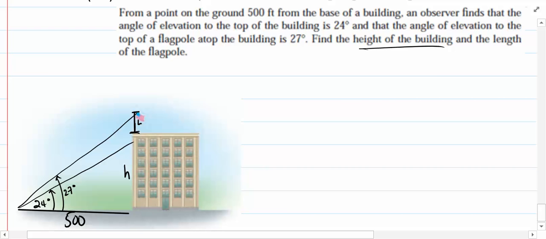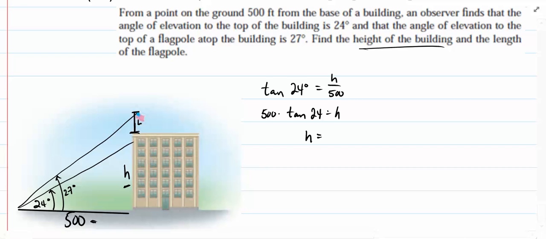We have an adjacent measure and an opposite measure, so it looks like tangent would be appropriate here. Tangent of 24 degrees would be equal to h divided by 500. And therefore 500 times the tangent of 24 degrees should be equal to h.